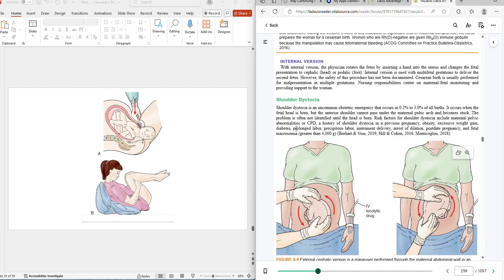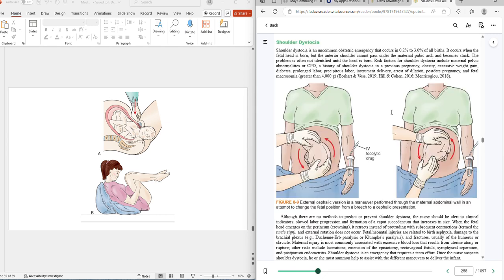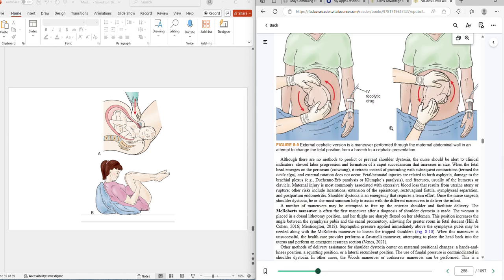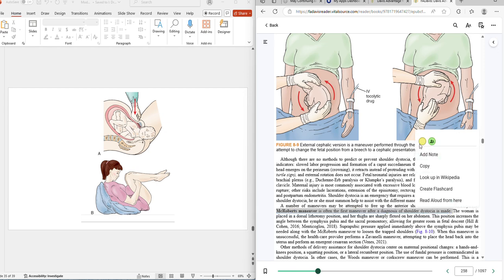Shoulder dystocia. Remember, dystocia is what? Trouble in labor, right? This occurs in 0.2 to 3% of all births. We have a maneuver called the McRoberts maneuver. Wink and Lollipop. You need to know all the things about McRoberts, okay? It's where you attempt to turn that baby where the shoulders can come out.